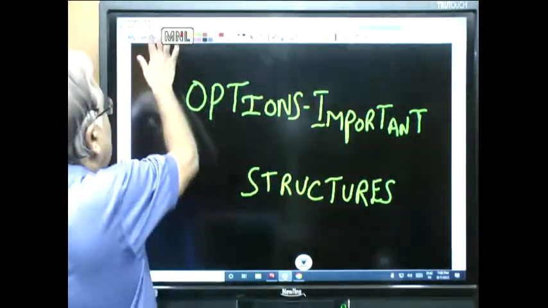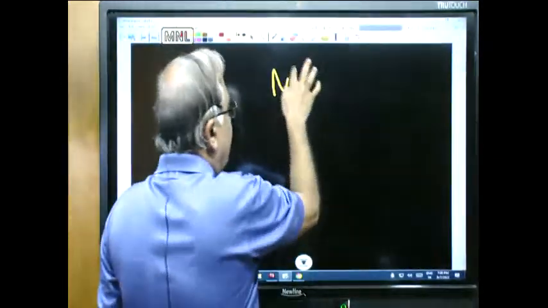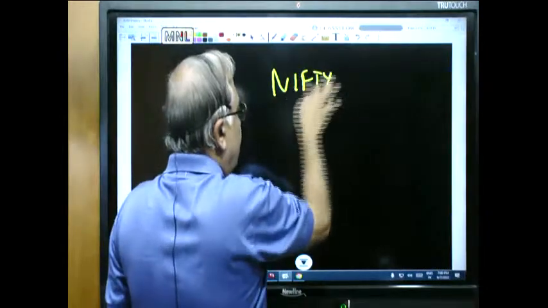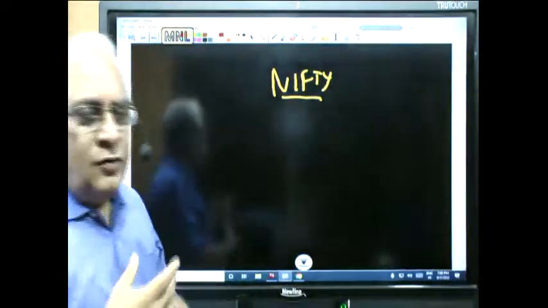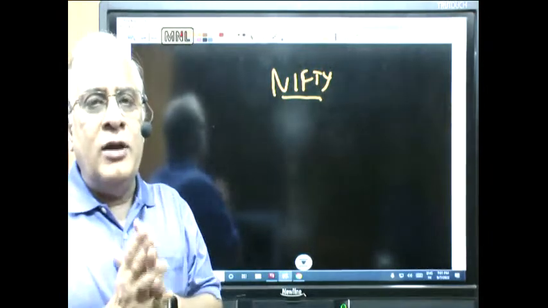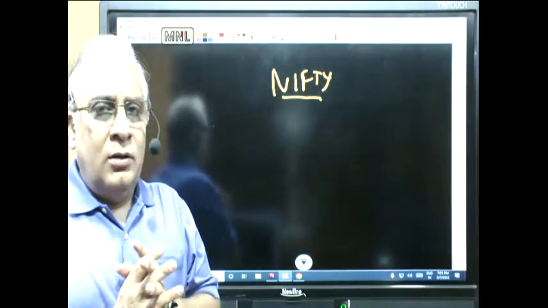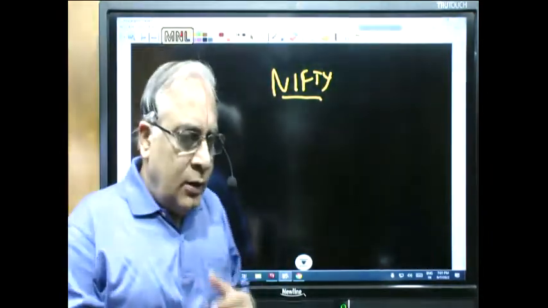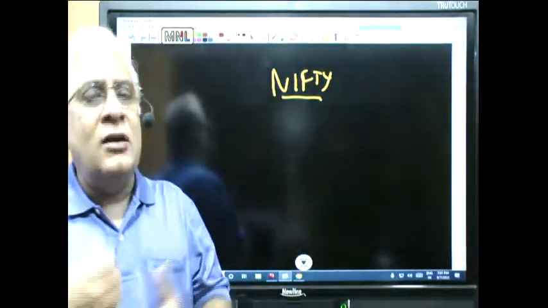Now, let us look at the present situation of Nifty just for illustration, so that you can build the same thing for Bank Nifty also. First of all, when you get into options, you must list out the reasons for why you want to do the option. And also you must understand the characteristics of the option.